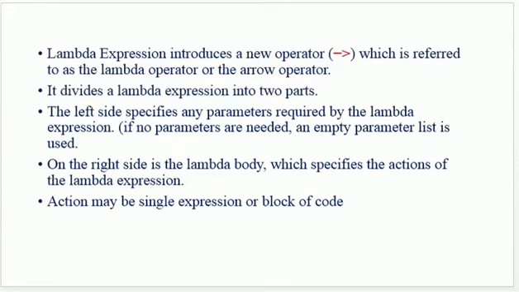One is the left hand side of the arrow operator, another is the right hand side of the arrow operator. On the left hand side, we simply write the parameters required by the methods, and on right hand side we simply specify the code for that method. Your code may be a single line, or it may be a block of code as well.